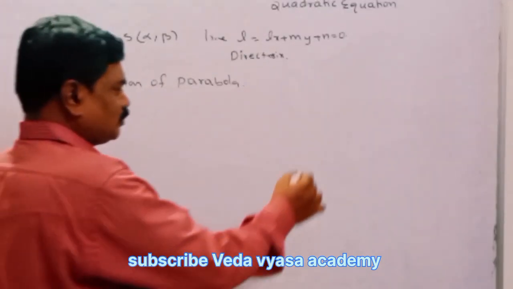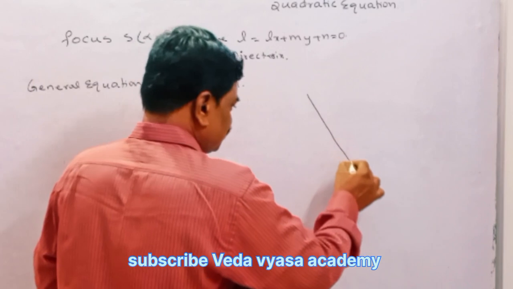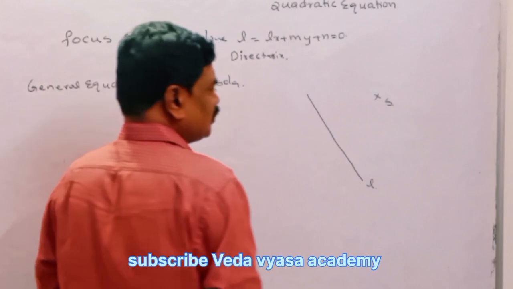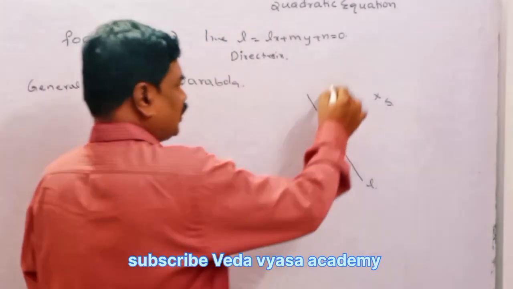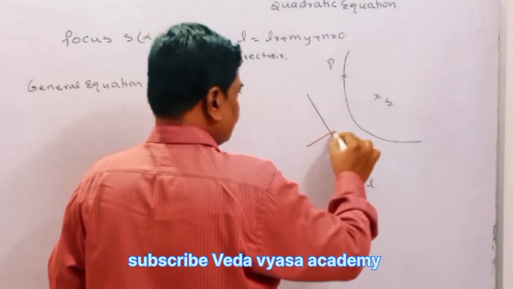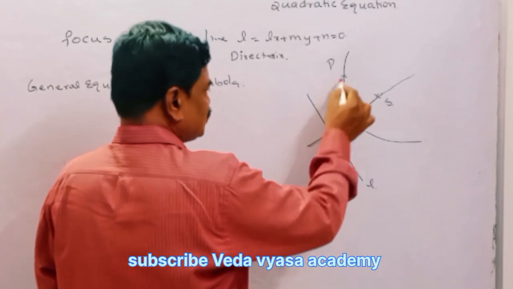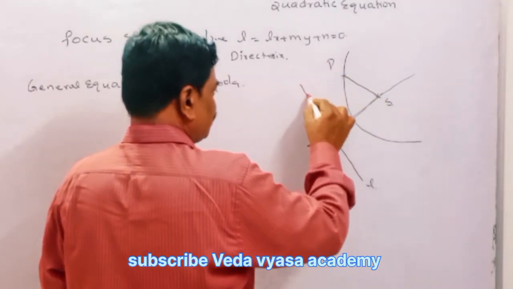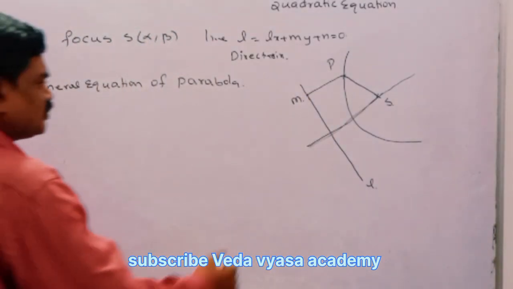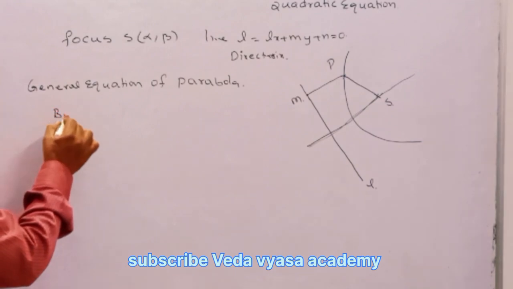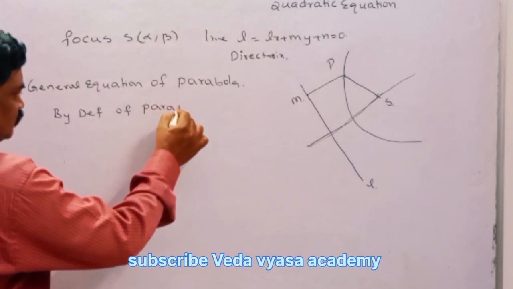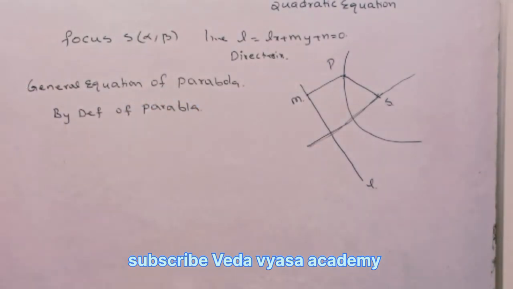You observe here, this is the line L and this is the fixed point S, and this is the locus of P. By the definition of parabola, SP by PM is equal to e, that is 1.